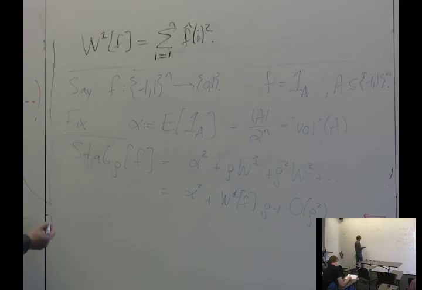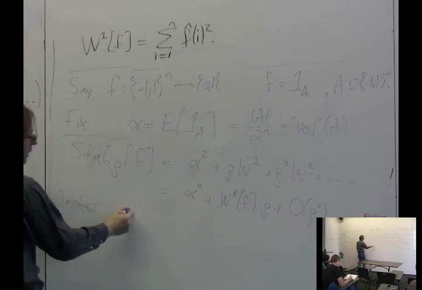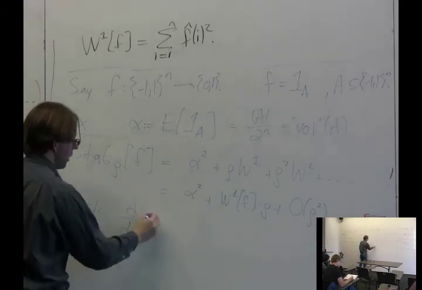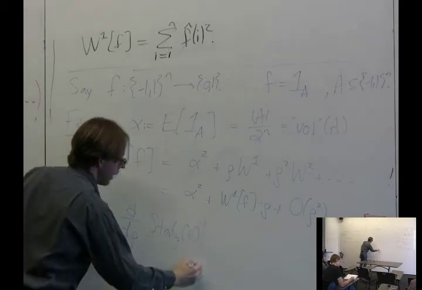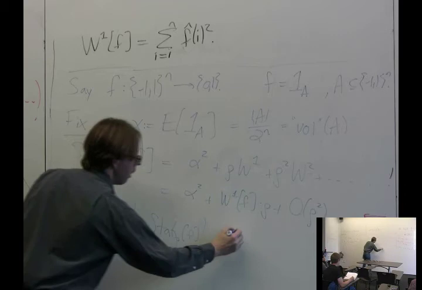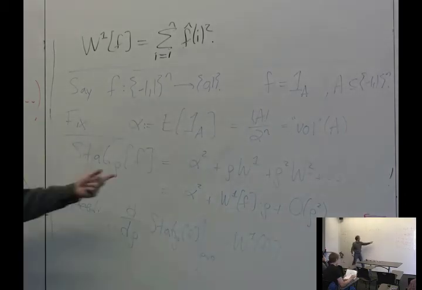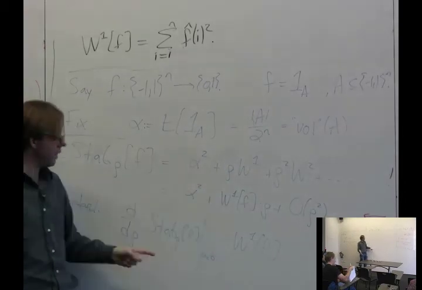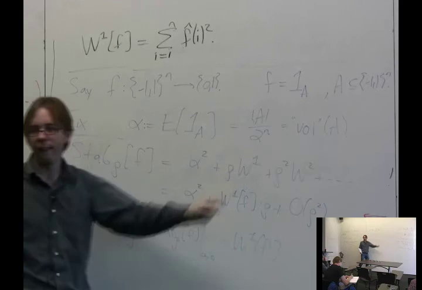In fact, you can see this easily. The weight at level 1 has some kind of meaning. It's the derivative of noise stability of f evaluated at 0. Okay, this holds for any f, even an f into the reals. Just because you take this formula with weight 1 here, differentiate with respect to rho, and then plug in rho equals 0, you'll just get this coefficient.